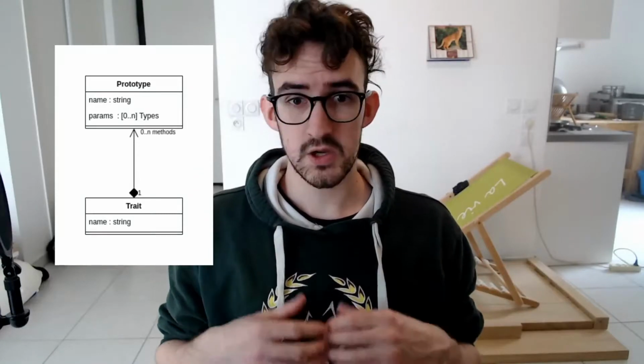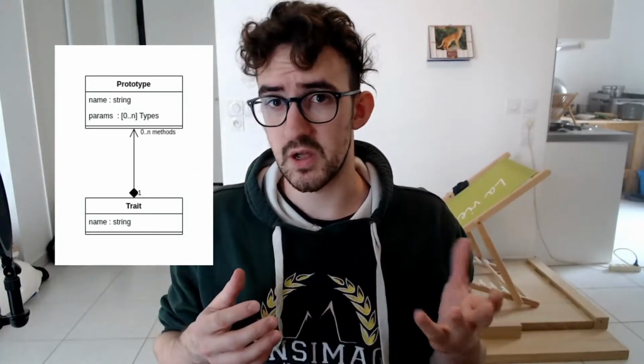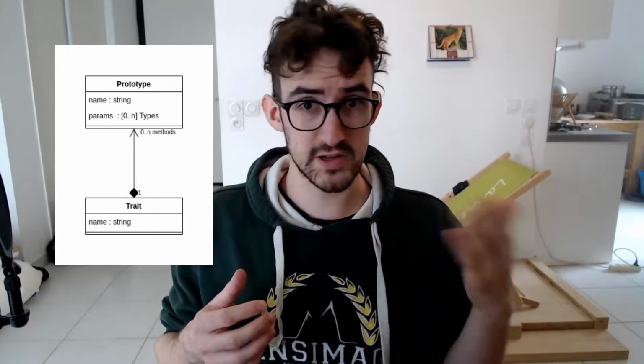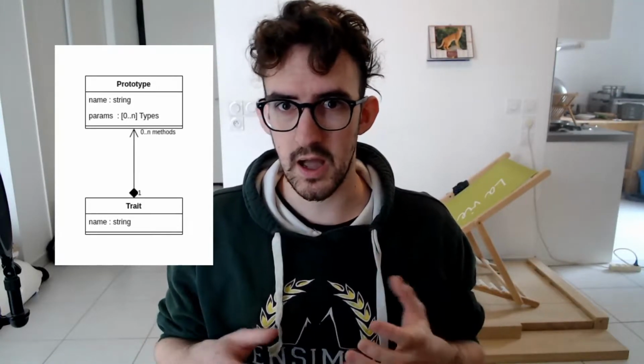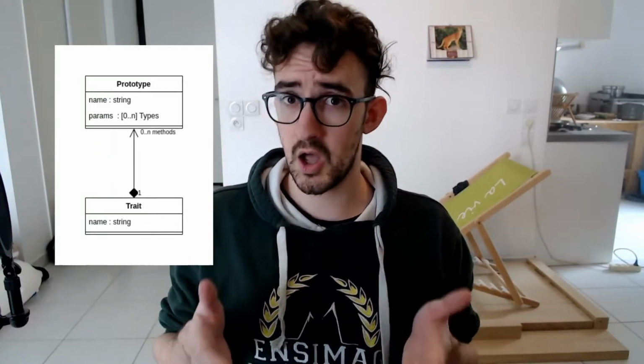How do we model that in the current version of Skuldenka? First, specifications are handled using traits. Traits are simply collections of method prototypes, so a trait describes what you can do with the object, and it doesn't say how you do it.